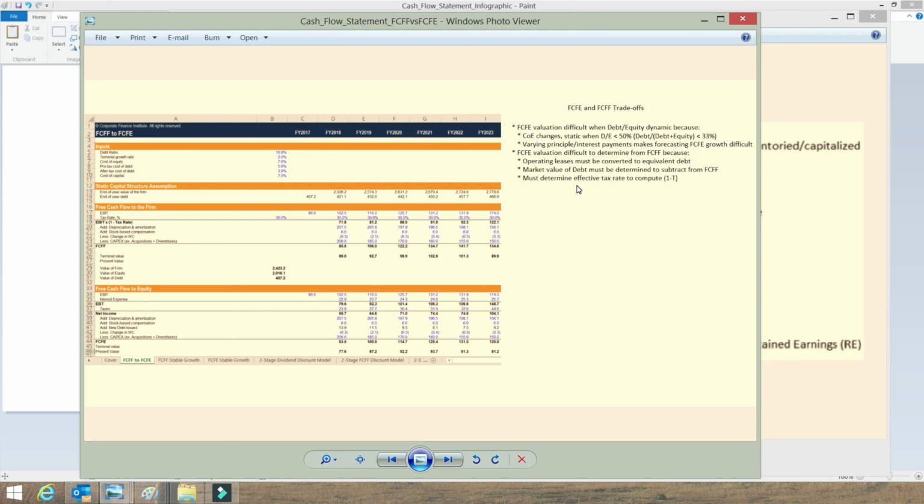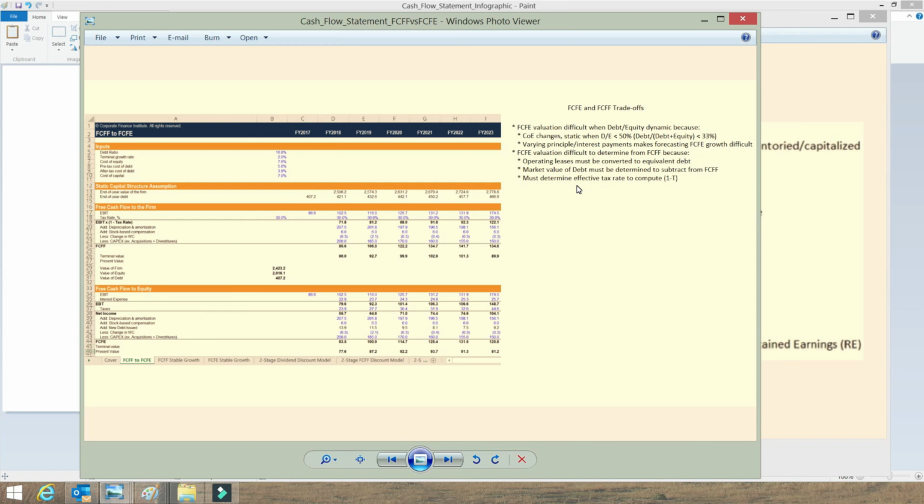When you talk about free cash flow to the equity holder, it's sometimes difficult because of the dynamic debt to equity ratio, and this causes the cost of equity to change. When you're trying to do present value, you really don't want varying denominators when you're discounting back these different free cash flow values.